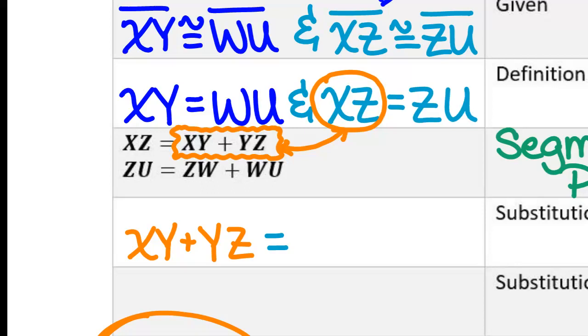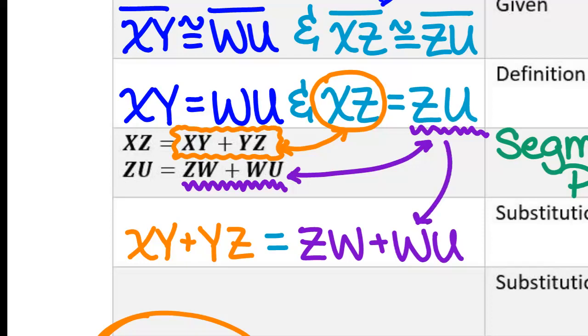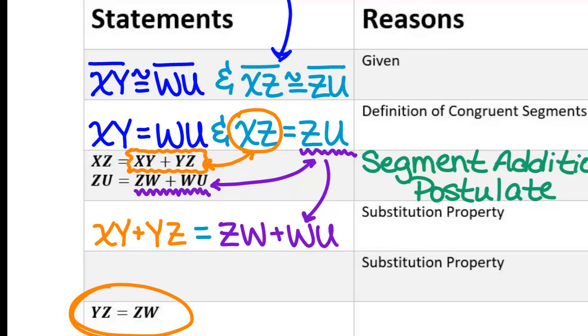Yes, what can I replace? Yes, ZU is going to get replaced with ZW plus WU. That is my substitution property. I'm going to use the substitution property again now, though.